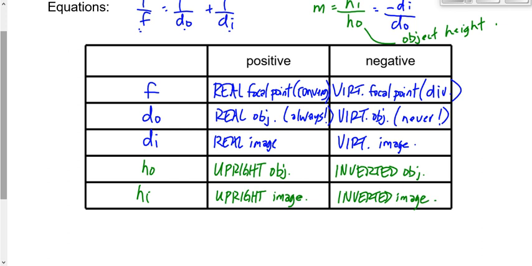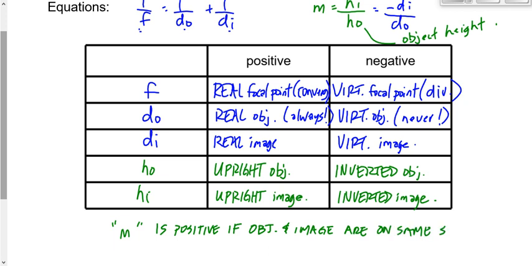Now, I usually put M kind of outside of the table. It's virtually the same rule as for image height and object height, but not quite. Magnification is positive if the object and the image are on the same side of the principal axis.